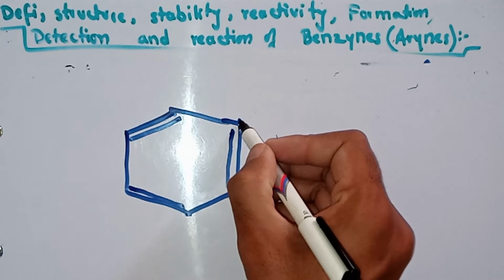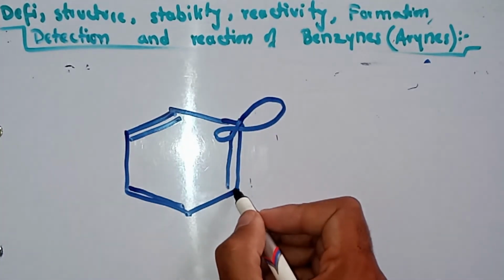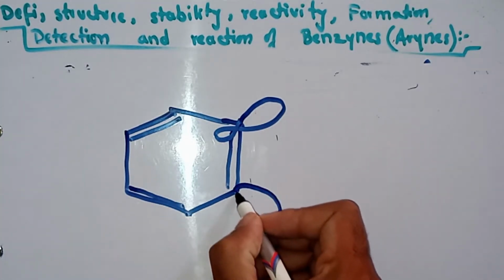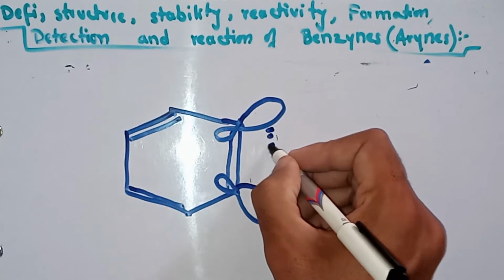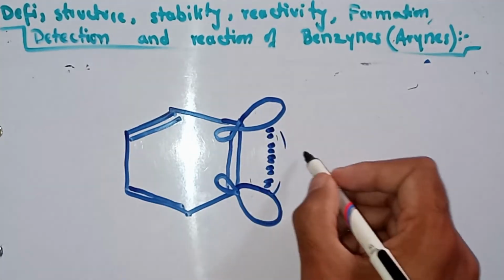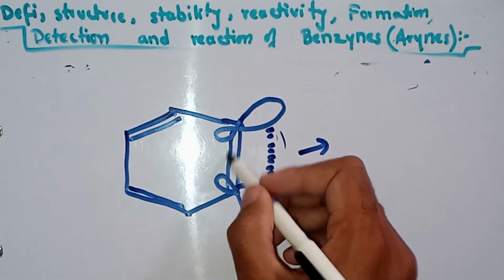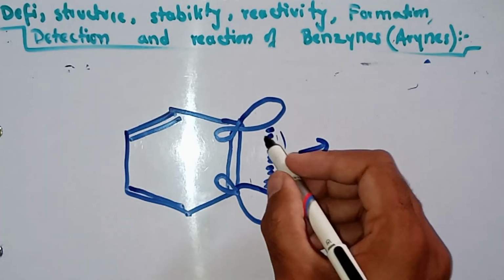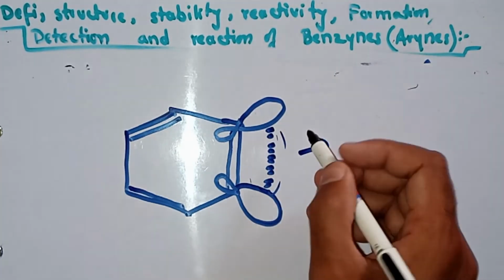This is one lobe of the orbital. The lobe will be like that, and this lobe will be like that. This acts as partial overlapping. But this third bond will be weaker than the normal pi bond, because here there is lateral overlapping.